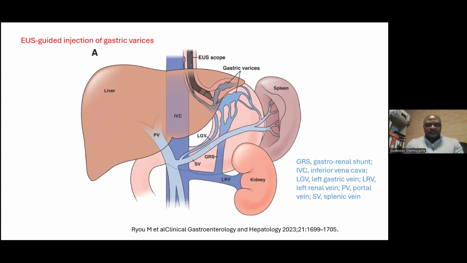Okay, this photo just shows the EUS guided injection for gastric varices, where you have your EUS scope, and also how you are going to inject them. And also, like I said earlier, with interventional radiology, depending on the varices and the shunts which are available, you can go through the gastrorenal shunt to do a BRTO.